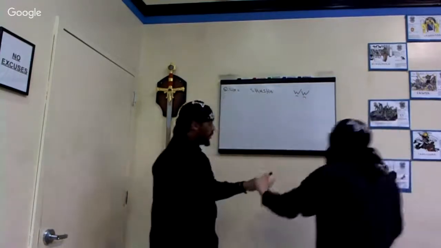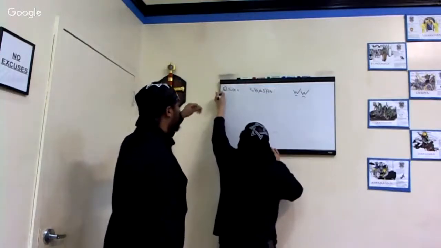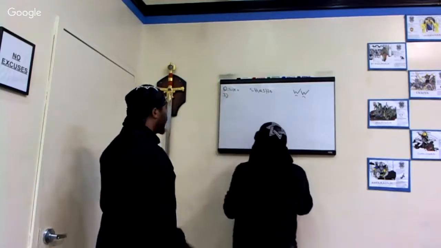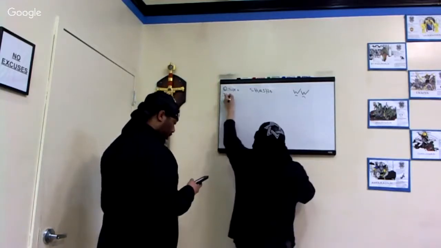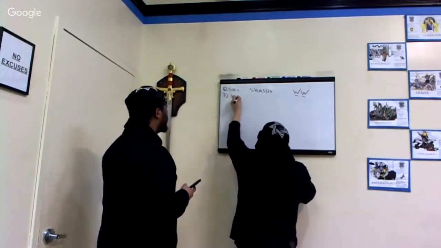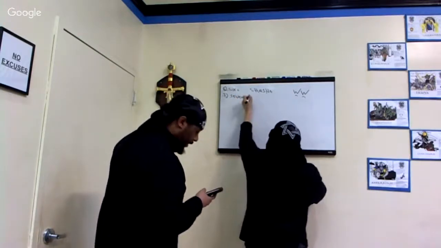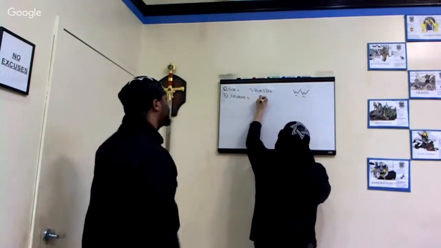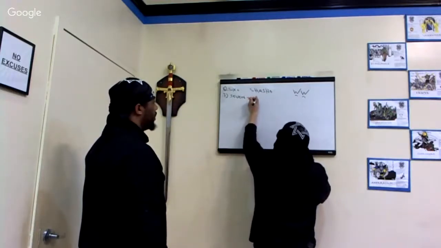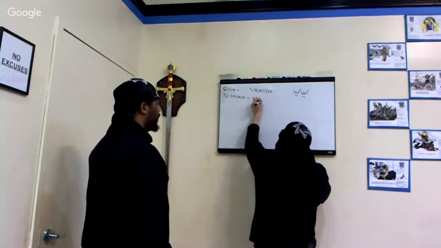Okay, let's go on. Next, number 7. You want to give yourself a little bit more space so you can write it. Number 7 in English. Number 7 is Shabbai. S-H-A-B-I. Shabbai.